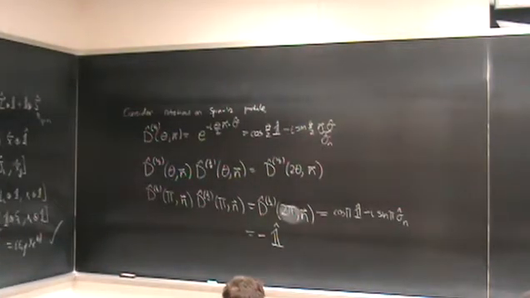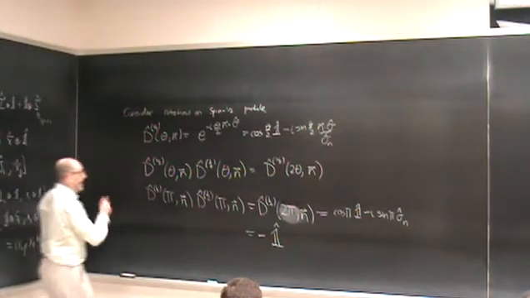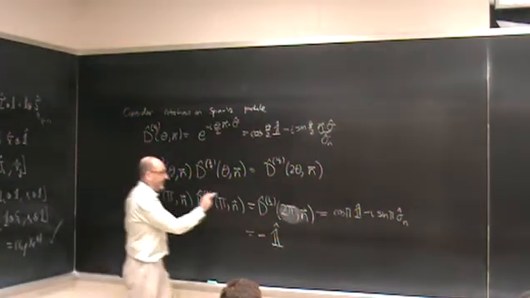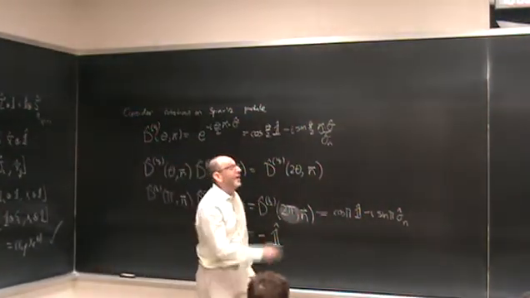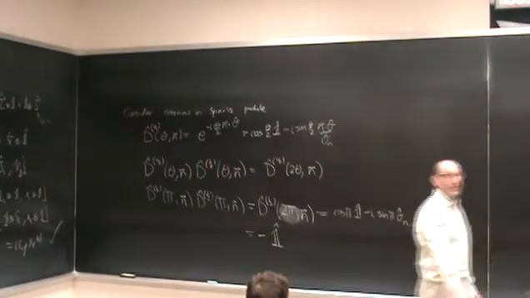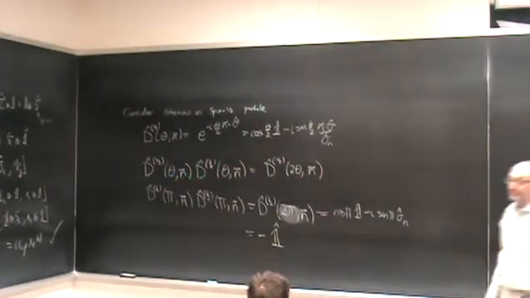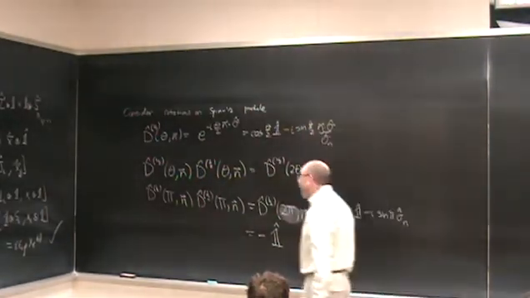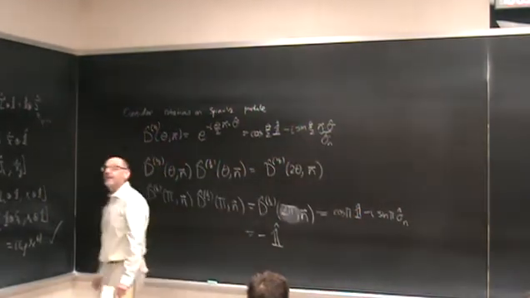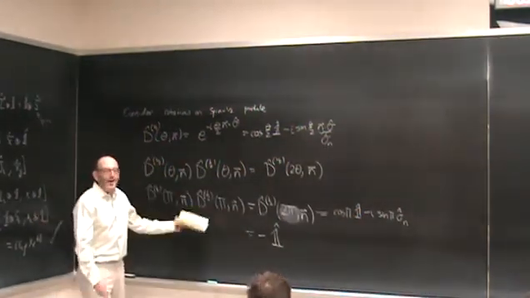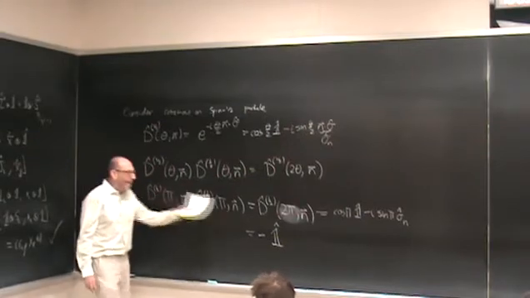So what we see here is that these matrices are not representations of SO(3) because they don't respect the group composition law.